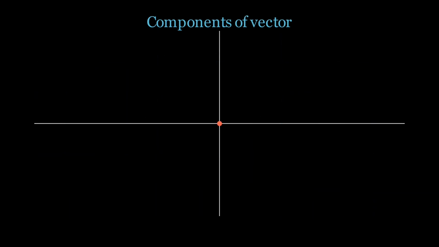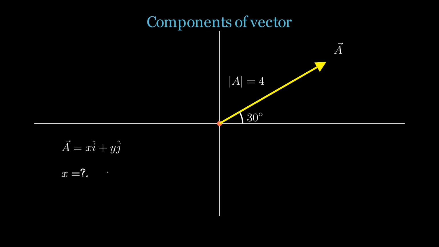Now, suppose we know the magnitude of a given vector A as well as the angle it makes with the positive x-axis. In such a case, we resolve the vector using trigonometry. The horizontal component is given as the absolute value of A times cos theta, and the vertical component as absolute A times sin theta.